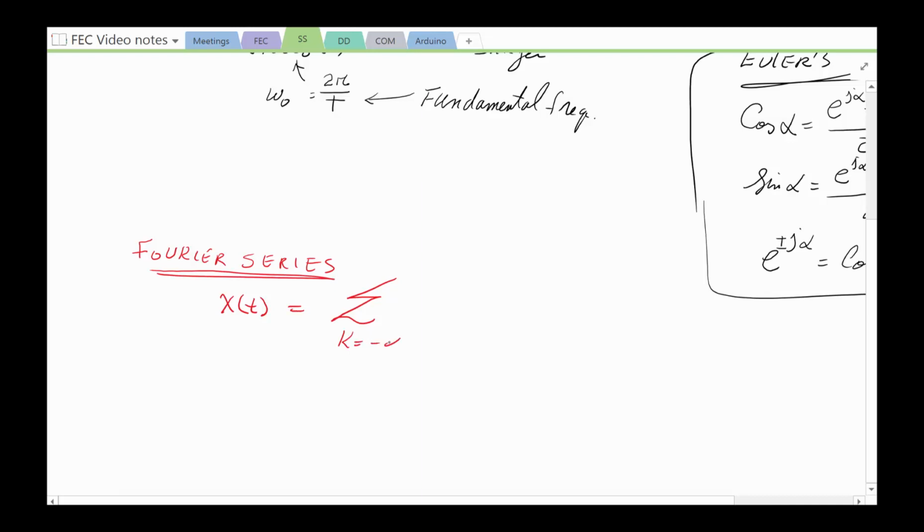k is going to go from minus infinity to infinity, a of k, e to the j k omega 0 t.